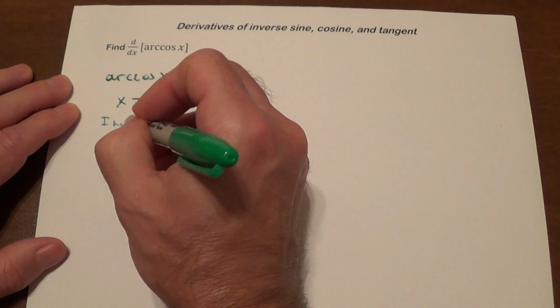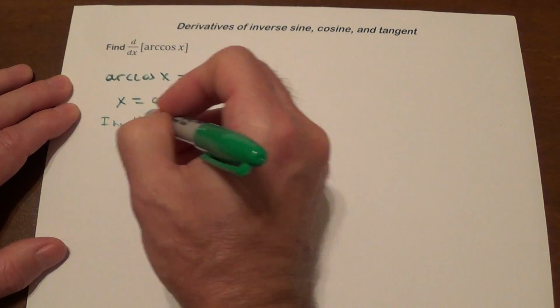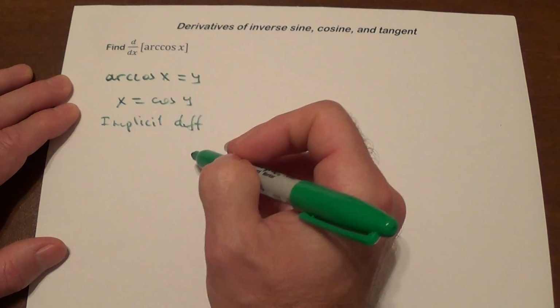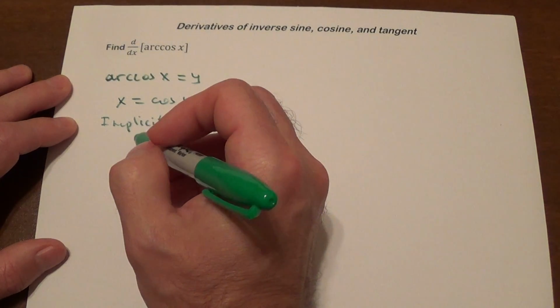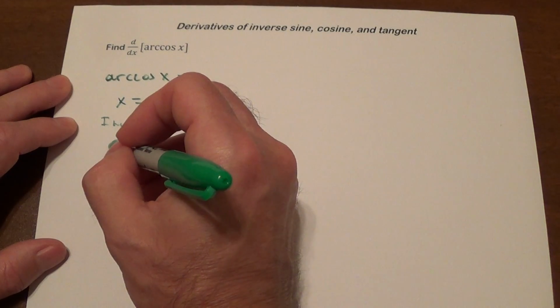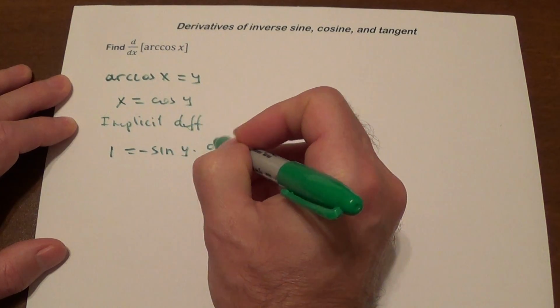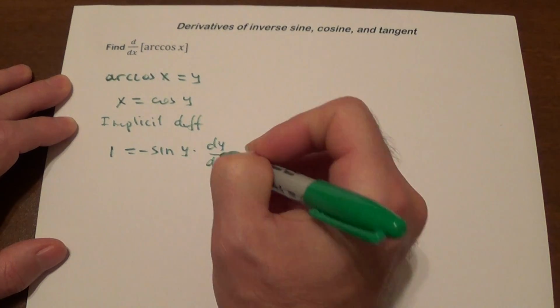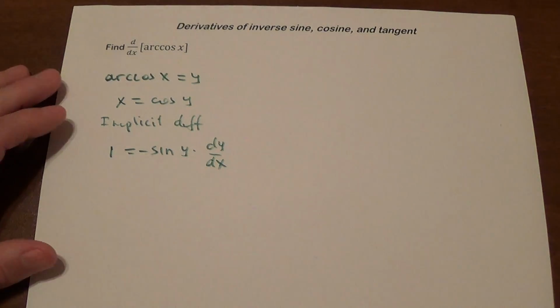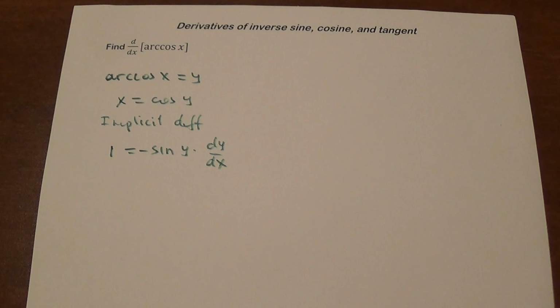Implicit differentiation is going to give us, so the derivative of x is 1, derivative of cosine is negative sine y times dy over dx. Again, we're going to leave it for a moment. We're going to need to do some right triangle things.